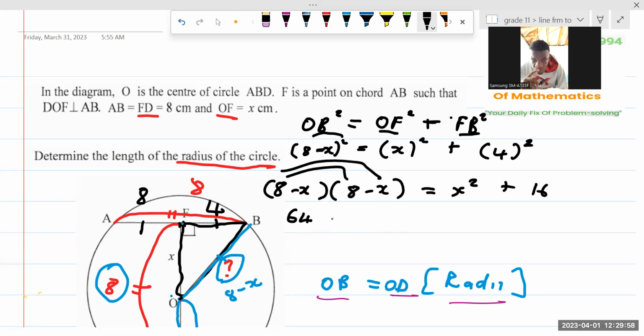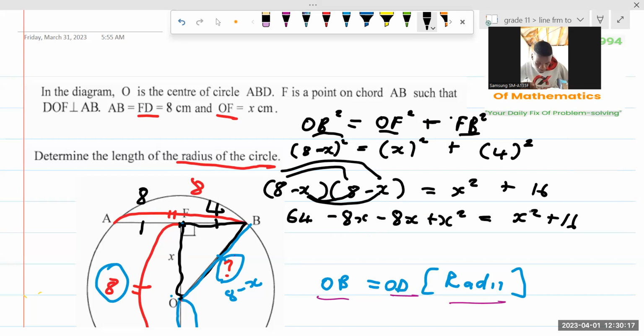This one multiplied by this one gives us minus 8x, and again minus 8x. Then this one multiplied by this one gives us plus x squared. And then we have x squared plus 16.